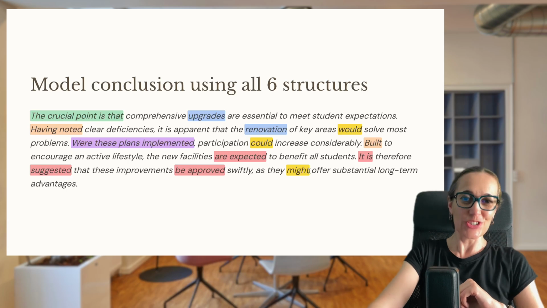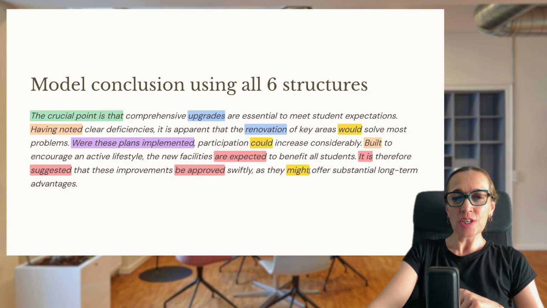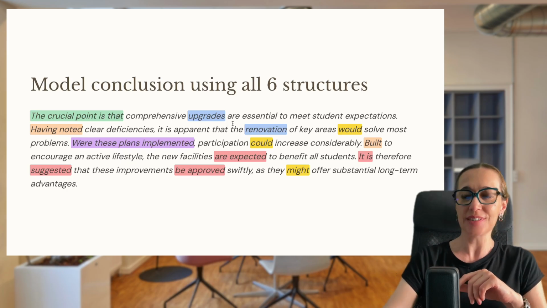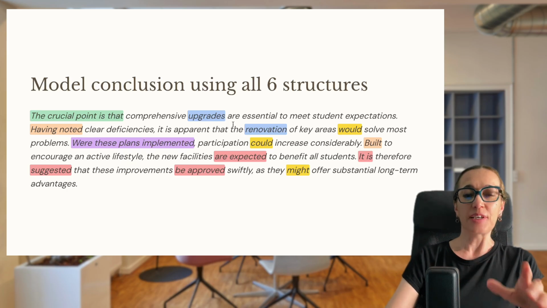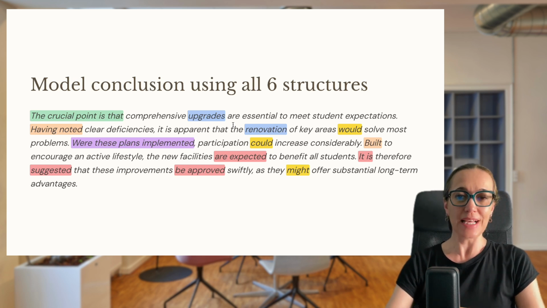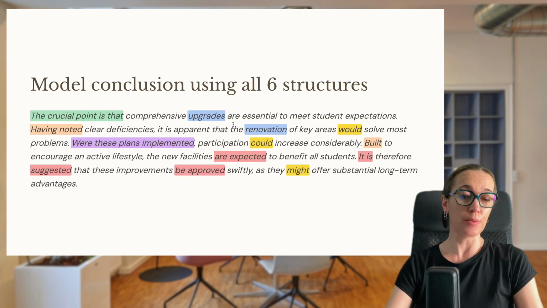Here is our conclusion. The crucial point is that comprehensive upgrades are essential to meet student expectations. Having noted clear deficiencies, it is apparent that the renovation of key areas would solve most problems.